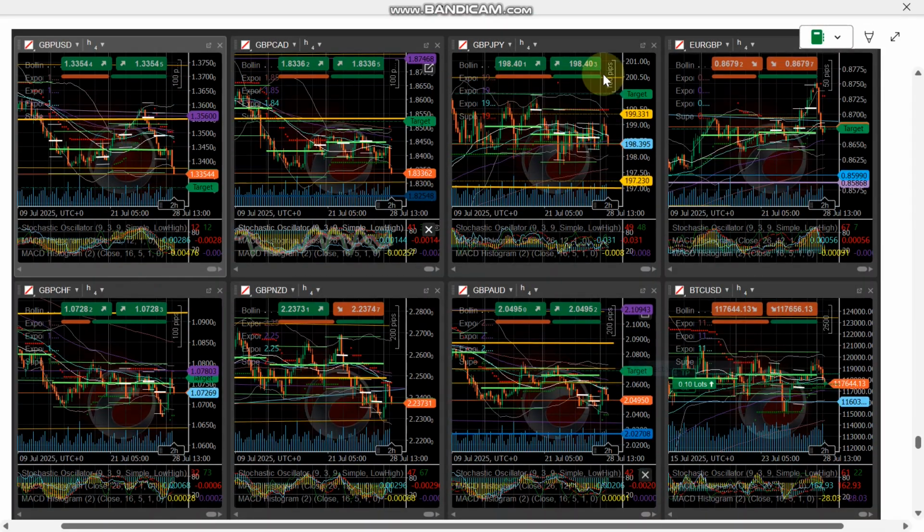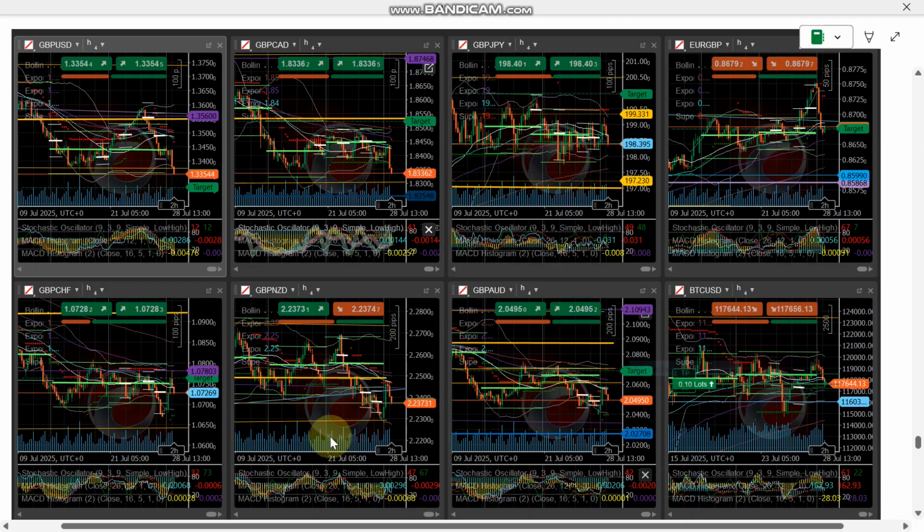Now we look at GBP across the board, 4 hour chart. GBP on the left side hand is dropping to this bottom line of the 4 hours. They already dropped here. GBP CAD, GBP USD are sister pairs. They do the same thing. GBP Swiss franc also following up.